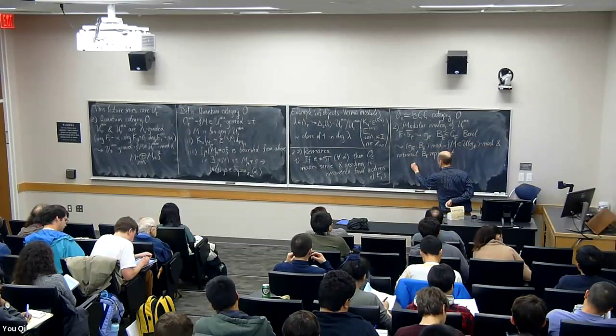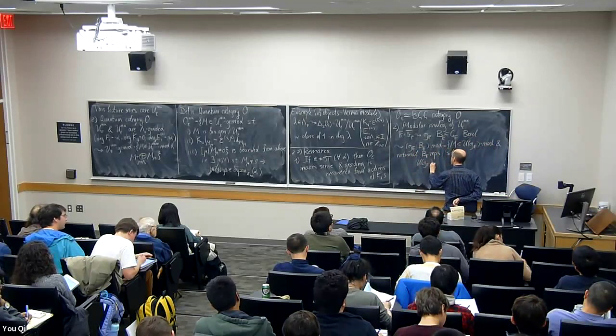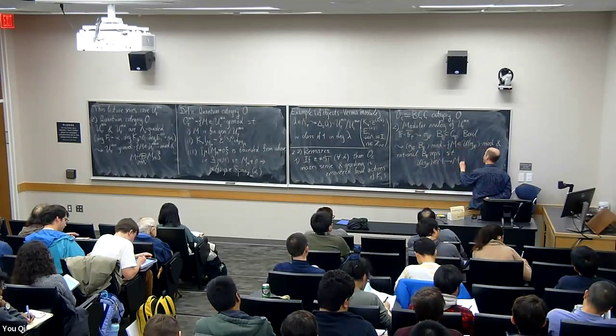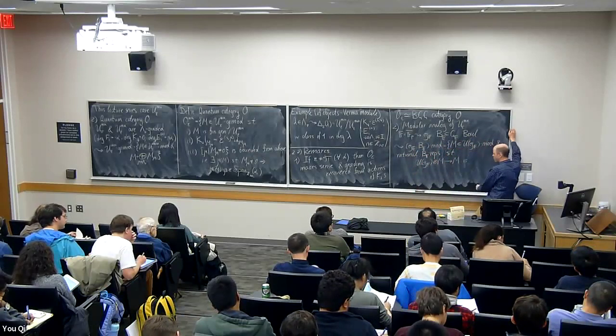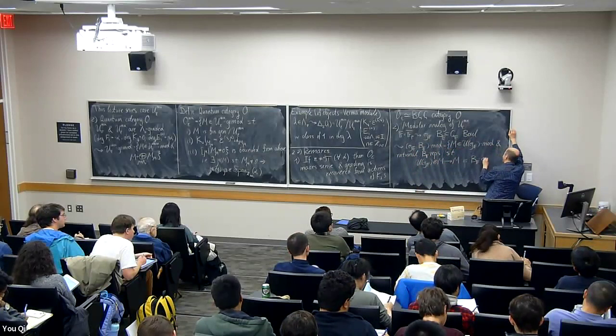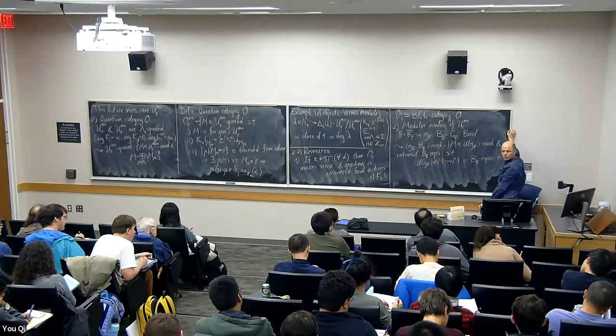So first of all, we want the structure map of a module to be equivariant with respect to the Borel. That's one condition.